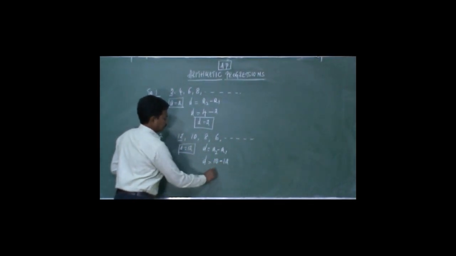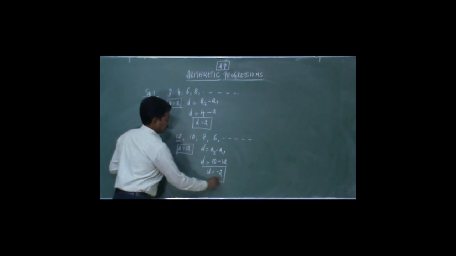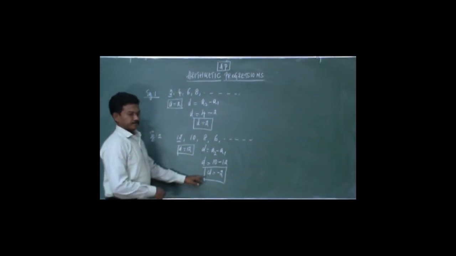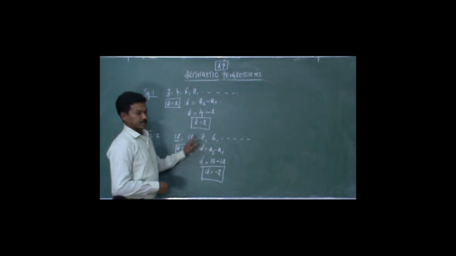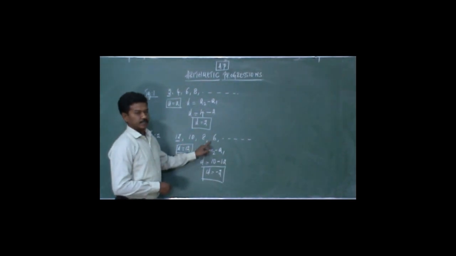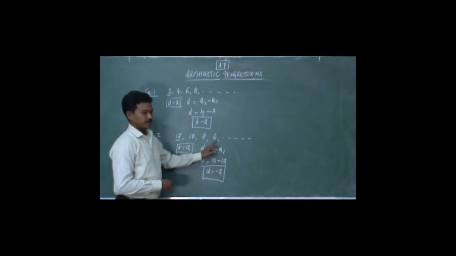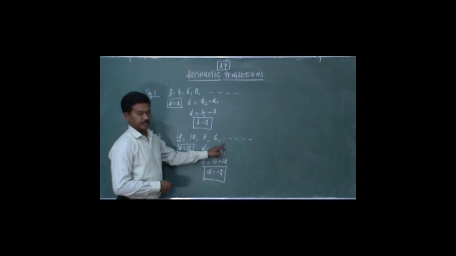So D is equal to minus 2. The value is negative. Therefore in this AP the terms are in descending order. The values of the terms are going on decreasing.